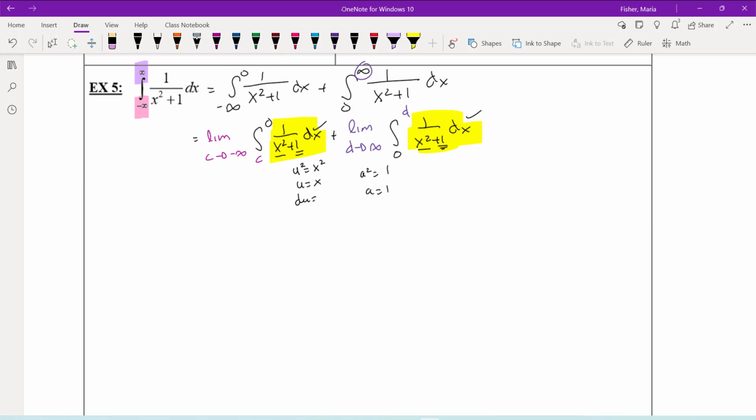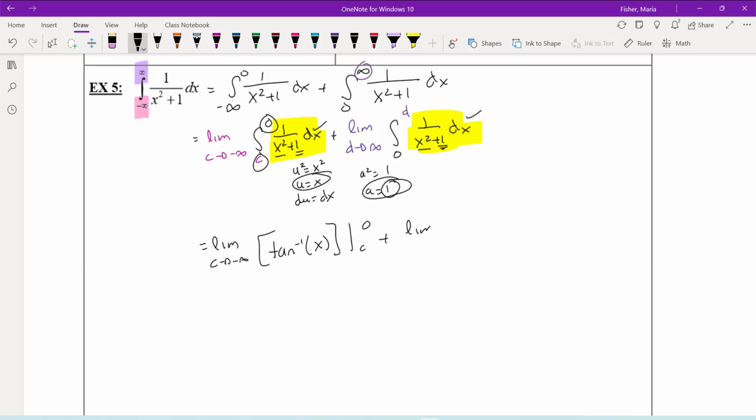So now we integrate, and we know that this is equal to 1 over a. Well, 1 over 1 is just 1, I don't need to write that. And then times the inverse tangent of u over a. Well, x over 1 is just x, and then the first time around this gets evaluated from c to 0, and then plus limit as d goes to infinity, same thing, it's the inverse tangent of x, and this gets evaluated from 0 to d.